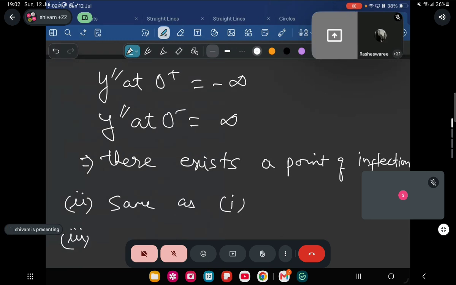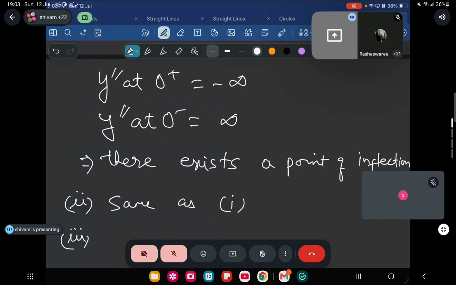Yes, Shamili, check your answer again. But Shamili, these are correct, but you have to write all. Rasheshwari, your answer is correct. Okay, Agnimitra, check your answer again.